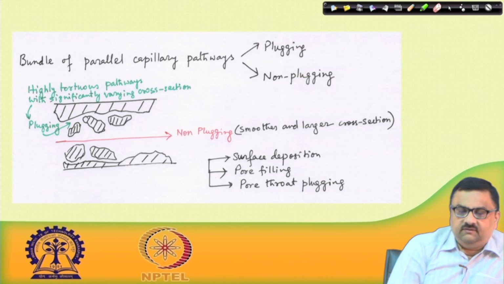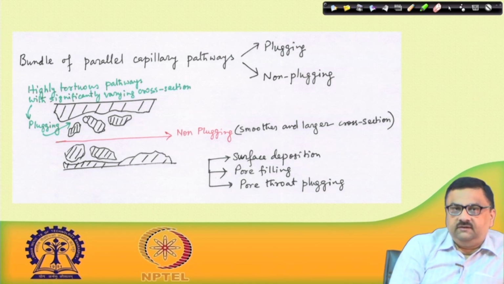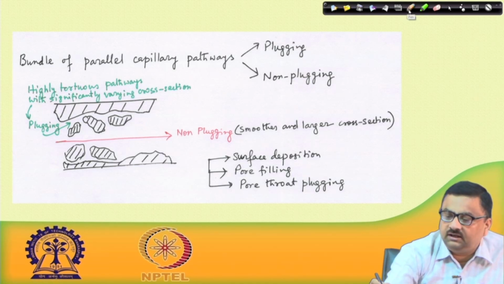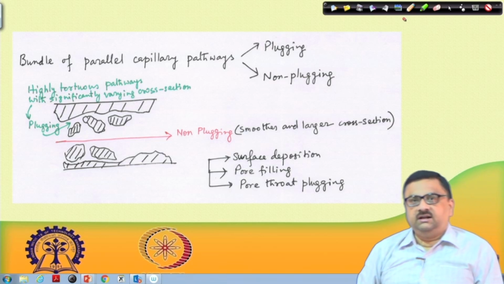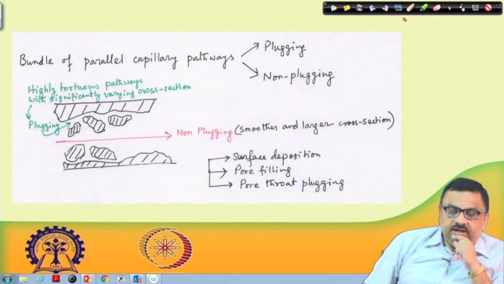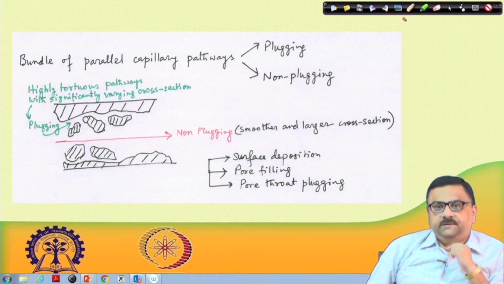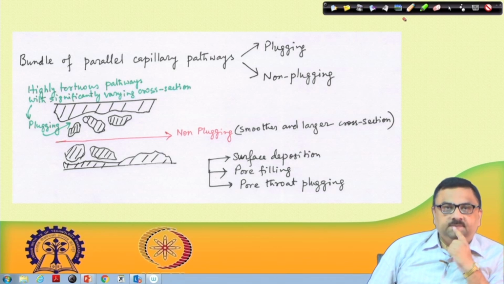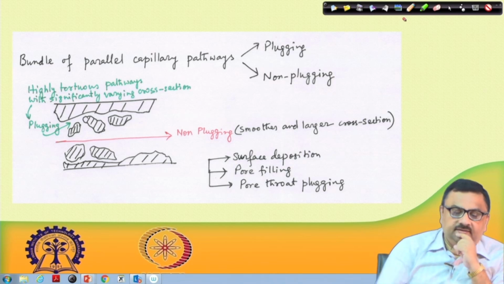Now, let us see, once the fine is traveling through a porous medium, what kind of conceptual understanding we have. We can think of the porous medium as a bundle of parallel capillary pathways, and we can say that some pathways are plugging and some pathways are non-plugging. Here you can see an example.